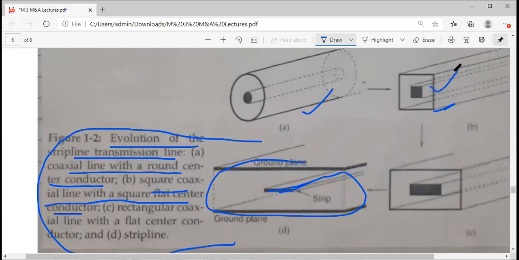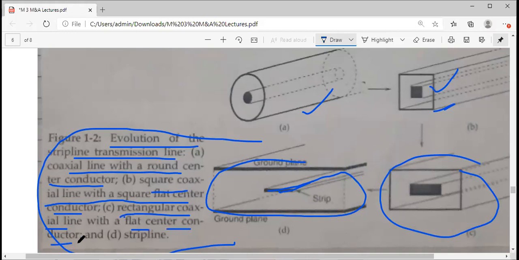The third one is the rectangular coaxial line. And the fourth one, D, is the rectangular coaxial line with a flat center conductor. Sorry, it's not C, it's D. D is the strip line. Inside this complete structure, a strip will be inserted. That is the strip line.